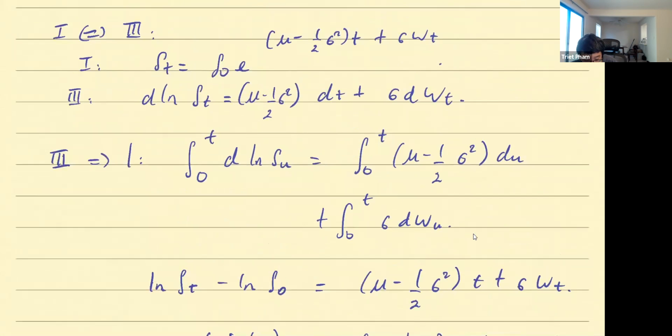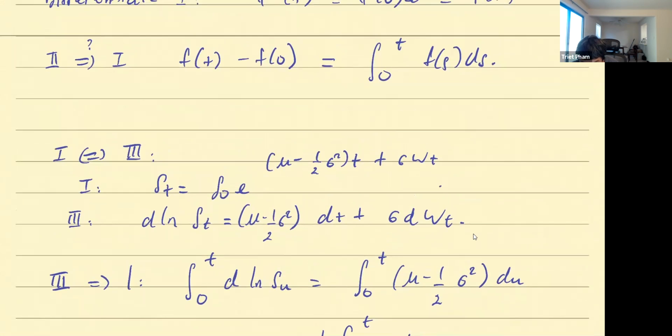Now, what's remaining? What's remaining is, first of all, to observe that even though we say 1 and 3 are equivalent, because we can integrate 3 to get 1, it's not exactly clear that differentiating 1, we get 3.